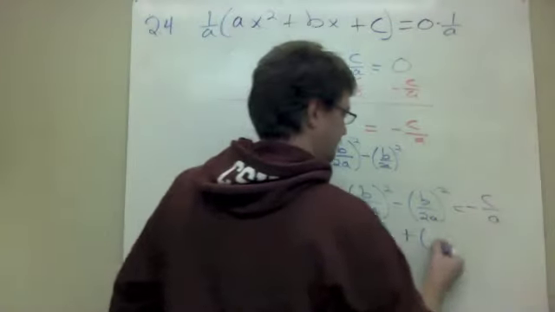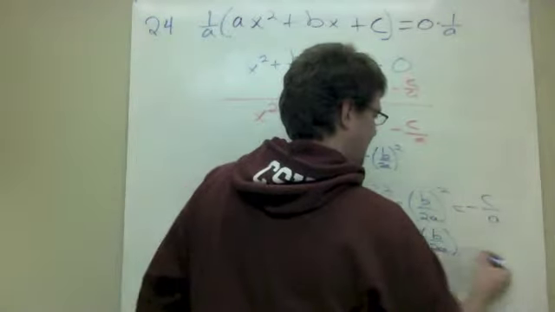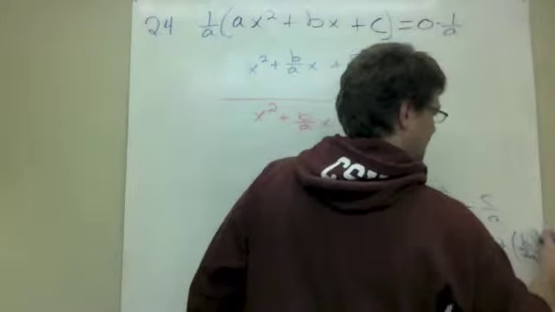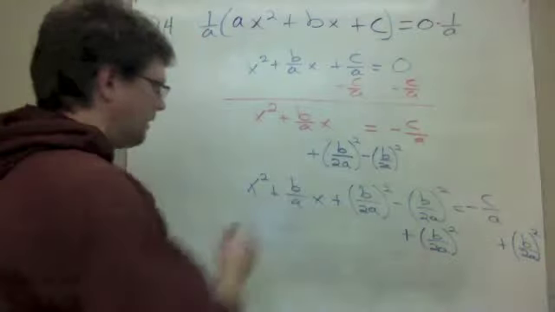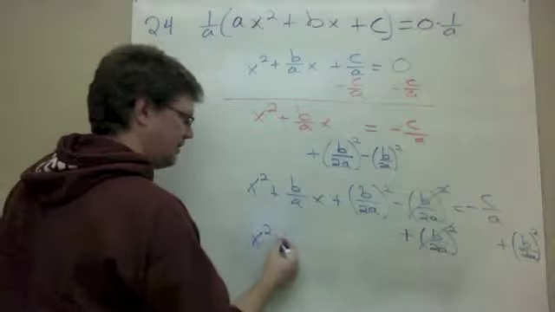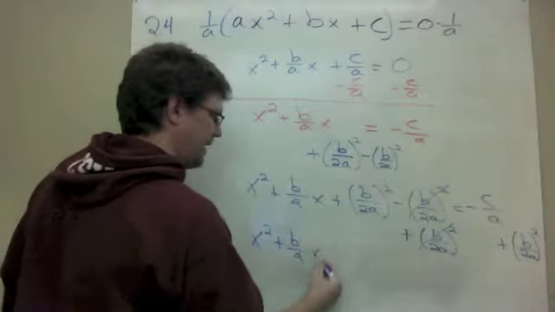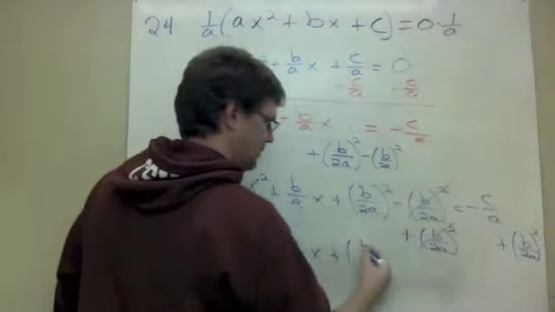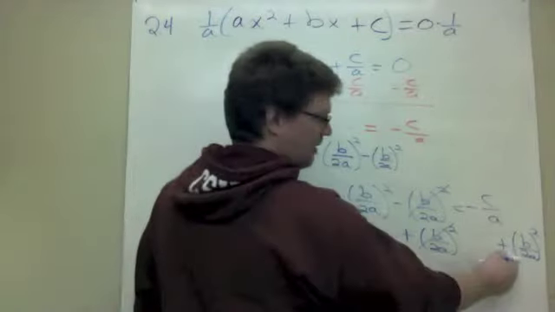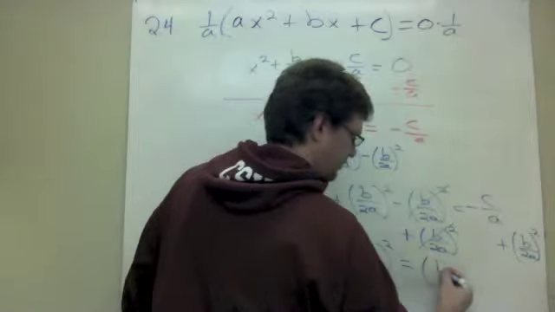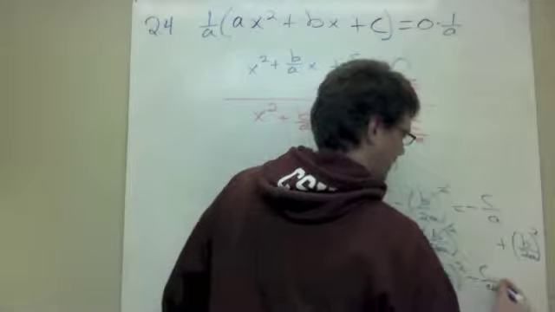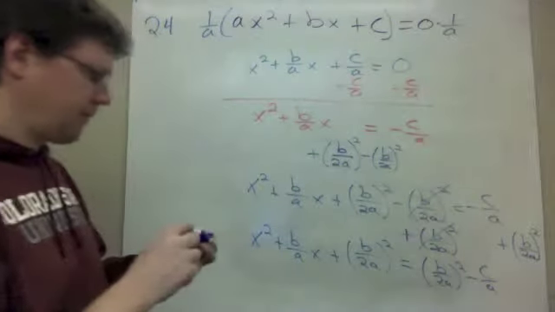So this is going to cancel out there. So I'm going to get x squared plus b over a x plus b over 2a squared is equal to b over 2a squared minus c over a. Okay?